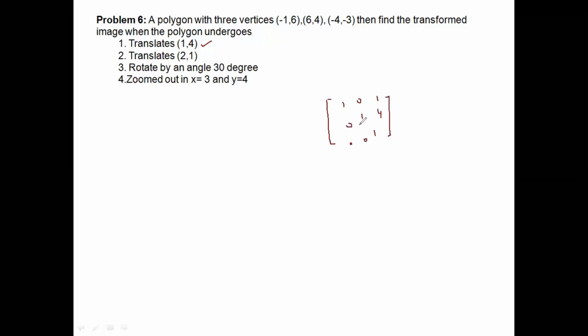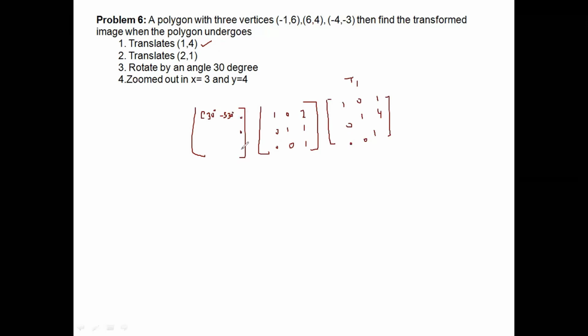This is the first translation matrix, T1. Then again it is translated, given with 2 and 1, and the rest of the elements are 0. Then the rotation takes place. I'm writing cos 30 degree, minus sine 30 degree.